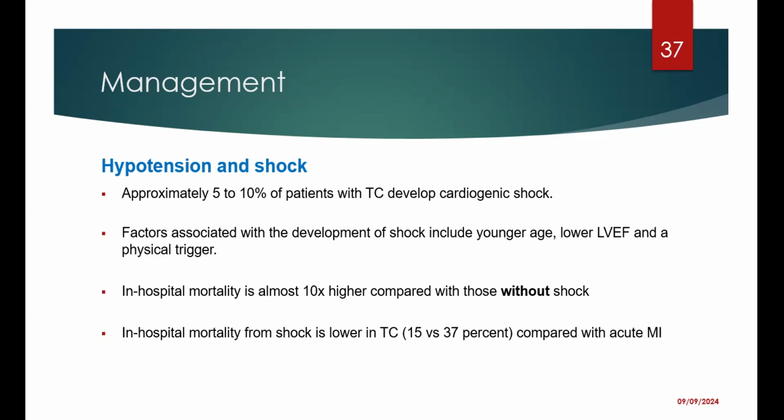And in-hospital mortality is almost 10 times higher in patients with shock as compared with those who present without shock. And again, in-hospital mortality from shock is lower in Takotsubo when compared with myocardial infarction.